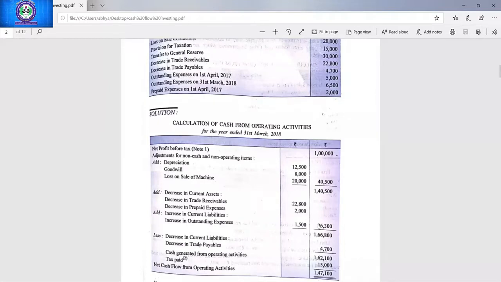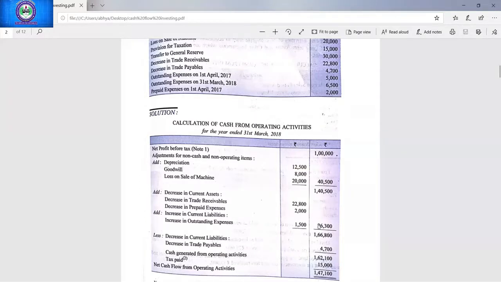Now the step 3 answer, that is, add decrease in current assets and increase in current liability. So you can see that decrease in trade receivables is given. Trade receivables are current assets, so 30,000 will be added. Decrease in trade payables, which are current liabilities, will be deducted. 4,700 will be deducted.